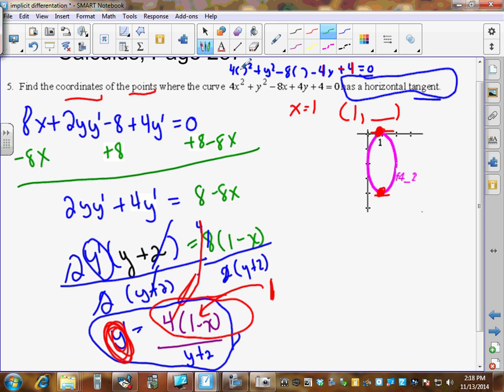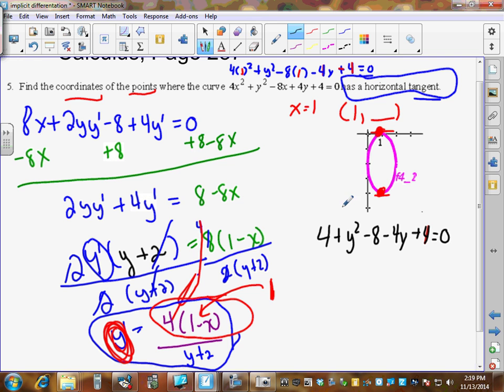So if we plug in 1 for x, that'll give us 4 times 1 squared. That is 4 plus y squared minus 8 minus 4y plus 4 equal to 0.